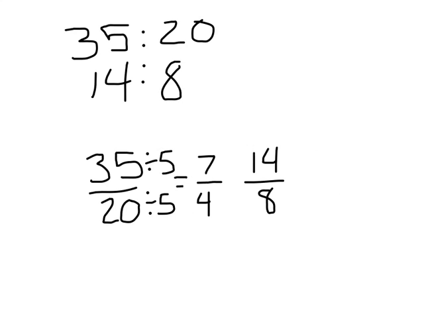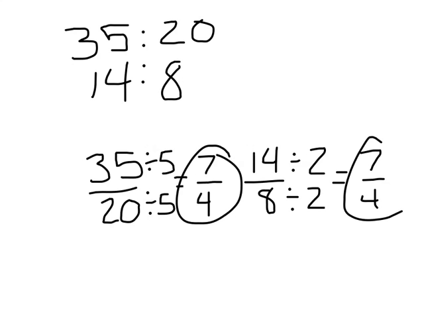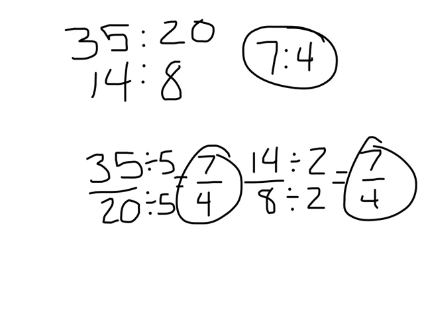So this ratio is 7 to 4. What's the greatest common factor of 14 and 8? Well, 14 and 8, 2 is the greatest common factor. This new ratio is 7 to 4. Both of these ratios are equivalent because they're equal to 7 to 4.